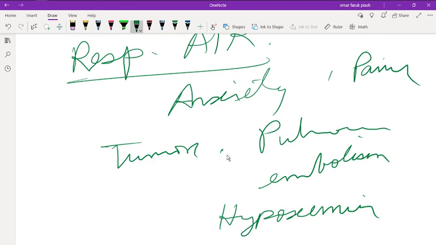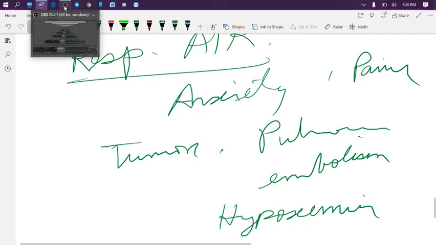These are the causes of respiratory alkalosis.